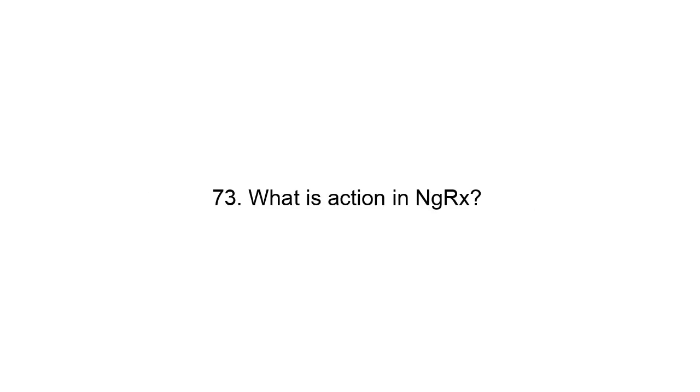Centralized application state container. 73. What is action in NgRx? Describes state change event. 74. What is reducer in NgRx? Updates state based on actions. 75. What is effect in NgRx? Handles side effects like API calls.